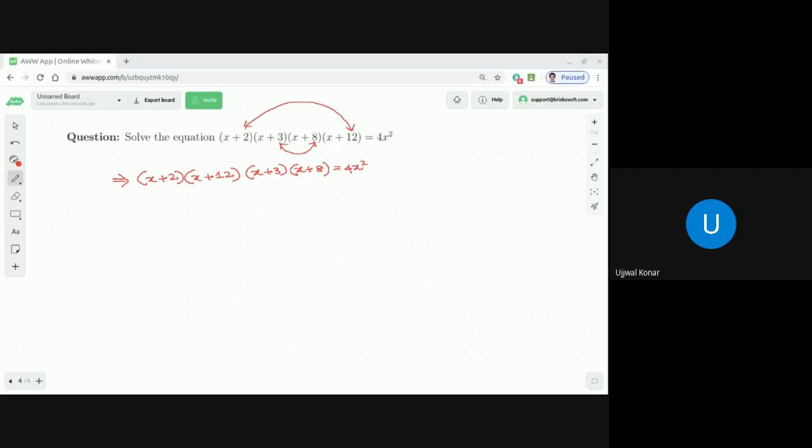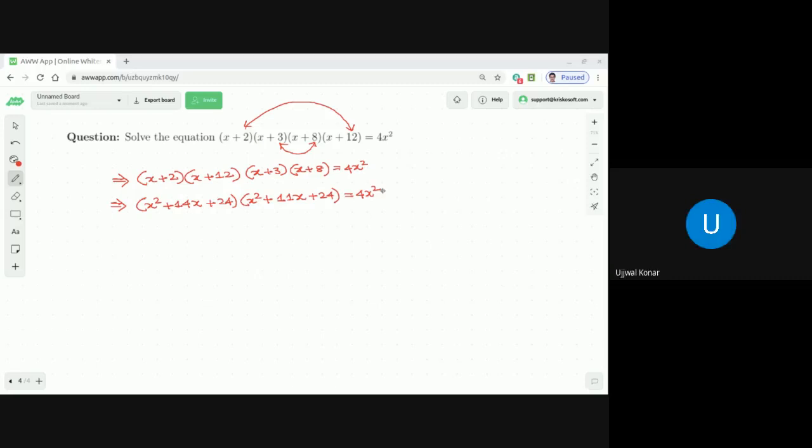So now, if you look into this, after that the problem becomes pretty simple. If we multiply the first two terms, it will become x square plus 14x plus 24 into x square plus 11x plus 24 is equal to 4x square.